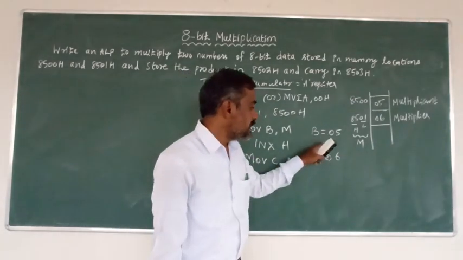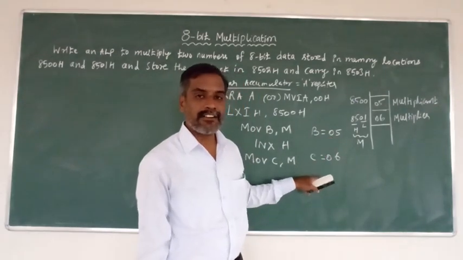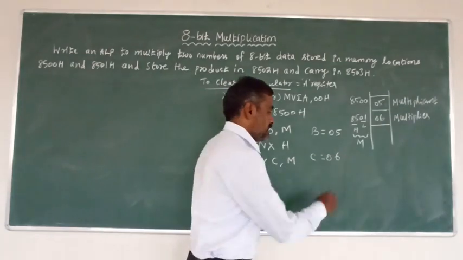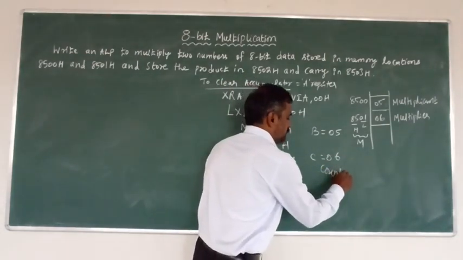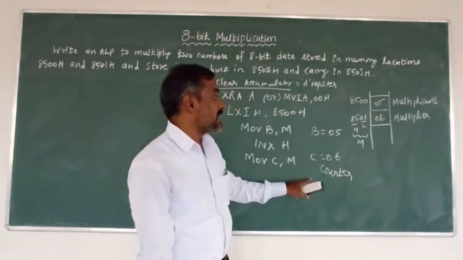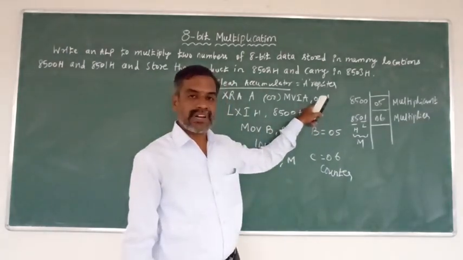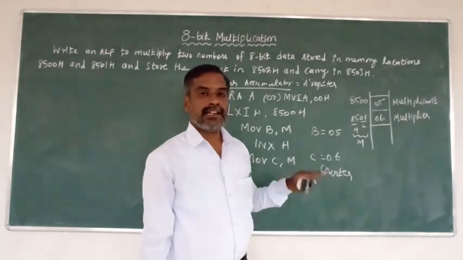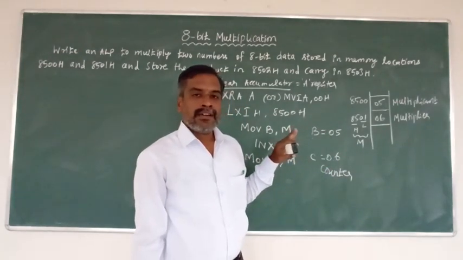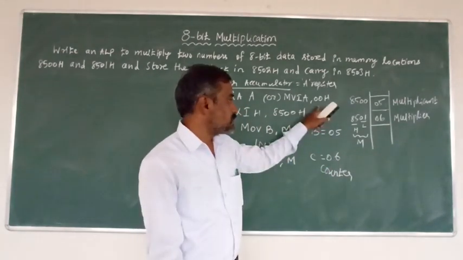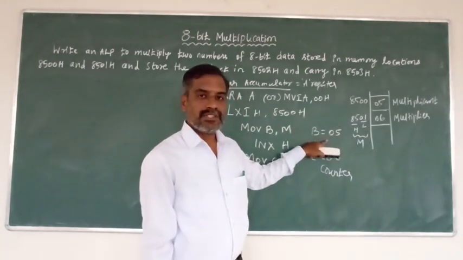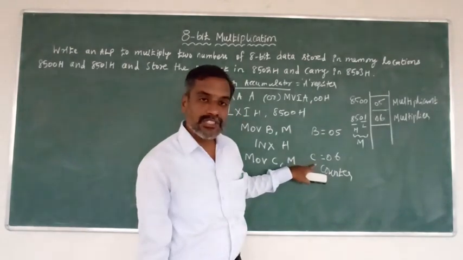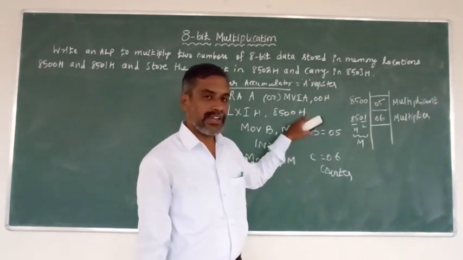To fix any one register data as the counter, and then the second data is added with the accumulator. First we initially clear the accumulator content to 00. Then 00 we can add with B, or the accumulated data we can add with C. There are two ways we can add.